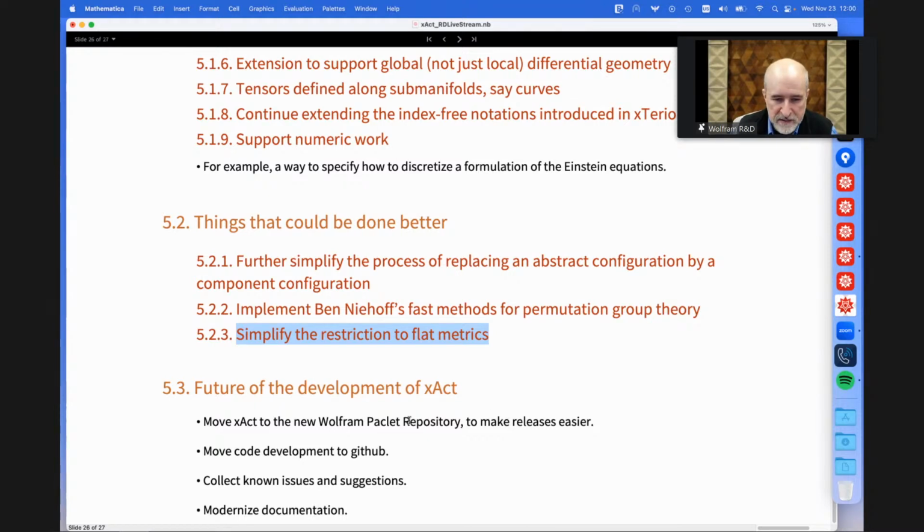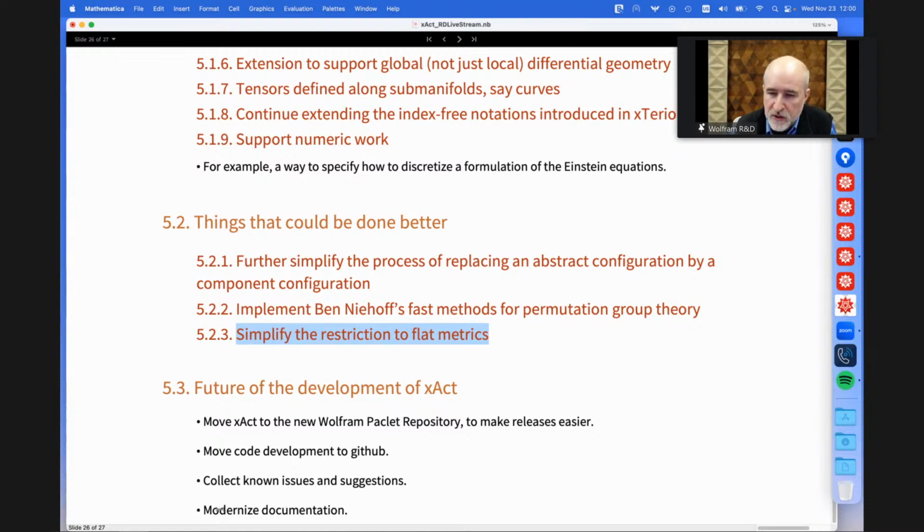So yeah, the Paclet system is very powerful, and we should take advantage of that. Perhaps the code could be moved to GitHub so that we develop only the Wolfram Language in .m or .wl files, rather than doing it in notebooks as we do right now. It would be good to have some place to collect known issues and suggestions.